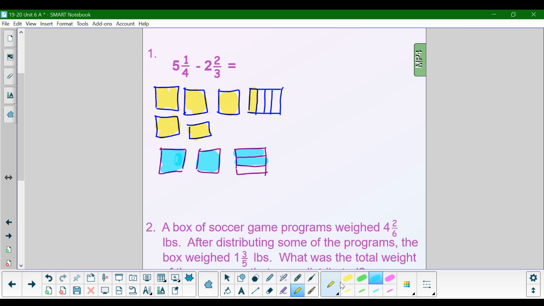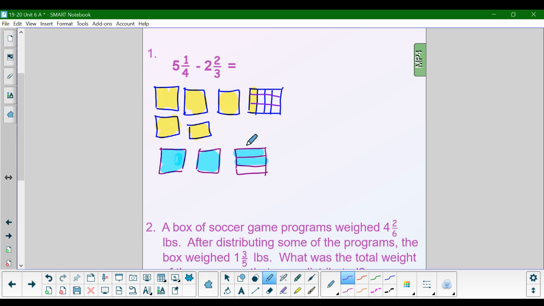Okay. So when you look at the problem, what you'll notice is that the fraction piece seems to be larger. Well, we're going to go ahead and we are going to make them common denominators. So my thirds here have to become twelfths up here. So I'm going to go ahead and put my twelfths in.